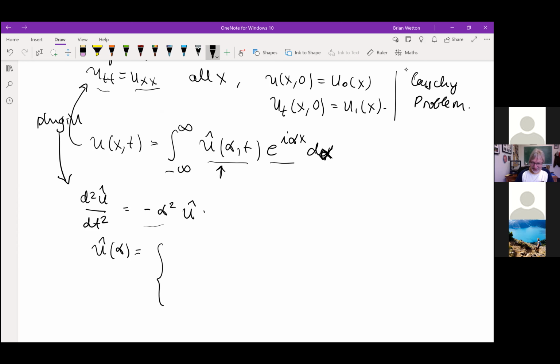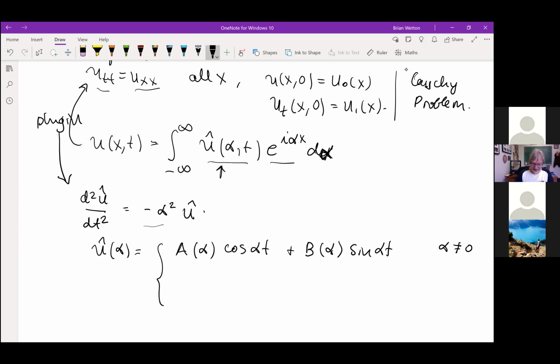And if this was plus alpha squared, which we'll see later on, then we'd have e to the absolute value of alpha t, and then e to the minus absolute value of alpha t. But here, it's pretty clear. I'm going to have some coefficients, which will depend on alpha, times cosine alpha t, plus some coefficients times sine alpha t. And this is all for alpha not equal to 0.